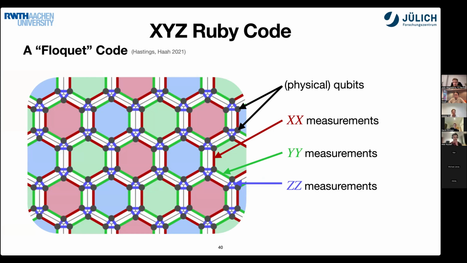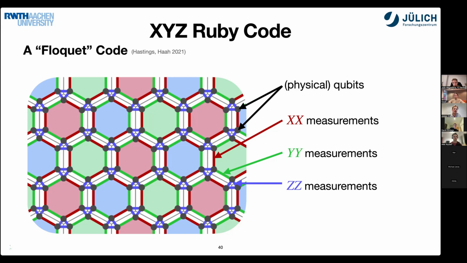Floquet codes basically use repeated measurements to do error correction. The main difference from standard error correction protocols is that, typically, from one round to the next the measurements don't commute like the stabilizers do, and they're also pretty low weight, which has practical implications.